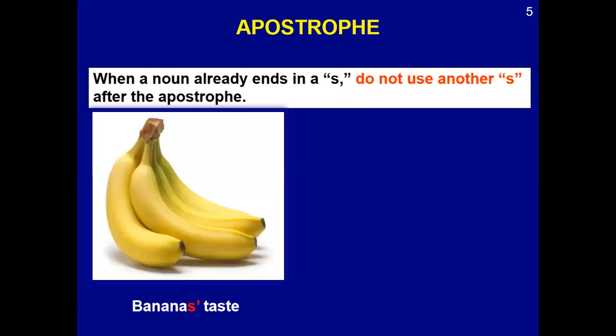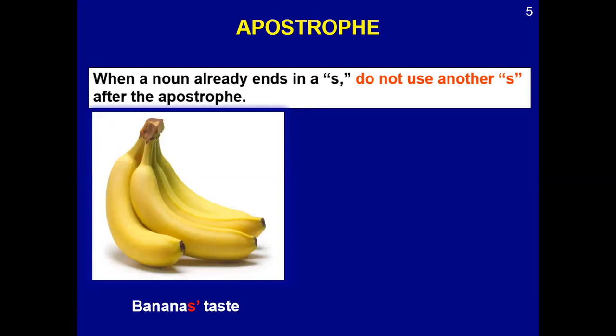Now see again, if any word is going to end with S, in that situation, what to do? Please keep this in your mind. If you have to show ownership, possessiveness there, then after the apostrophe, do not rewrite or add S.